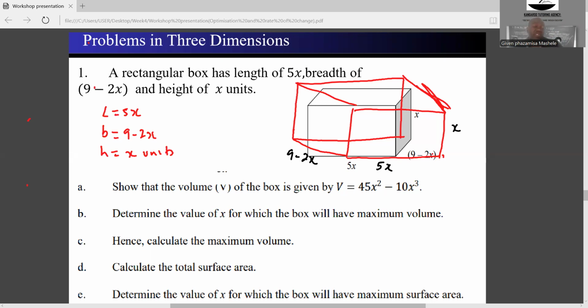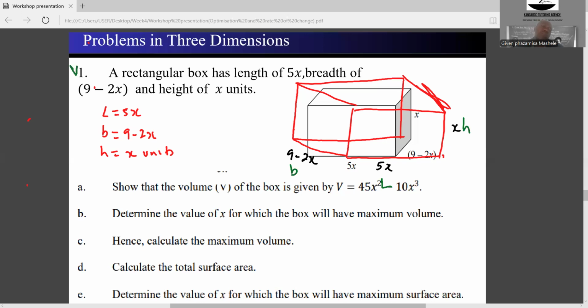And we know, guys, that in a rectangular prism, we can determine the surface area, and also we can determine the volume. So how do we determine the volume of any prism?